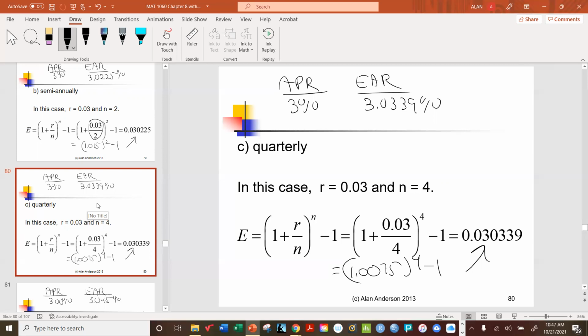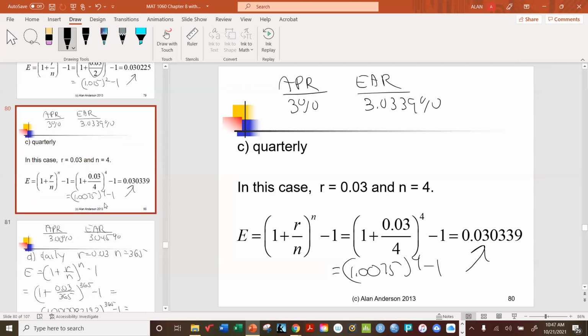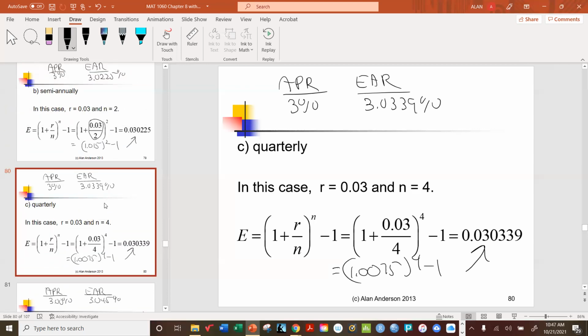So as a challenge, why don't we jump this up to monthly? How about that? Let's try monthly. All right, so why don't you go ahead and work on that? We'll try monthly and see how much of a difference it makes.